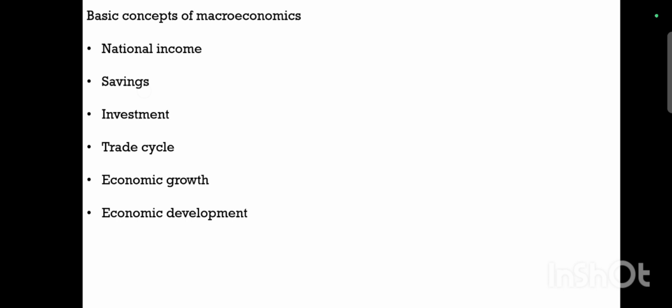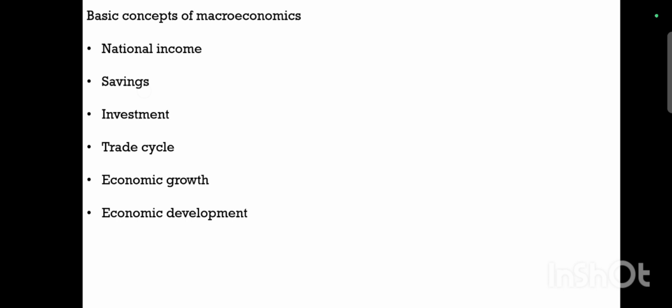Before moving to the basic concepts of macroeconomics, Kenneth Boulding has given a definition of macroeconomics. Macroeconomics deals not only with individual quantities as such, but with the aggregates of these quantities, not with the individual incomes, but with the national income, not with the individual prices, but with the general price level, not with individual output, but with the national output.